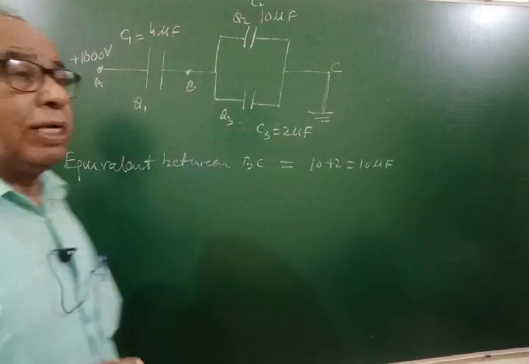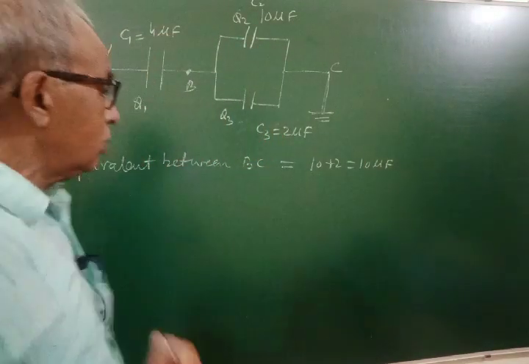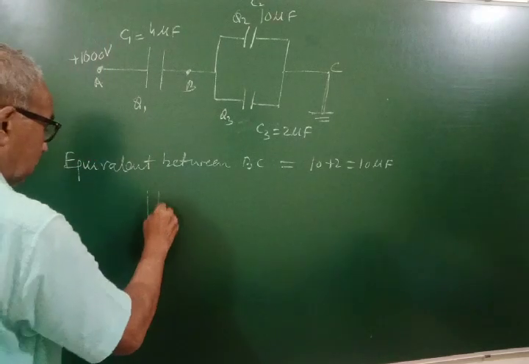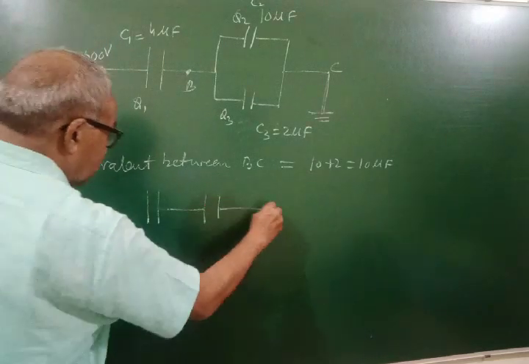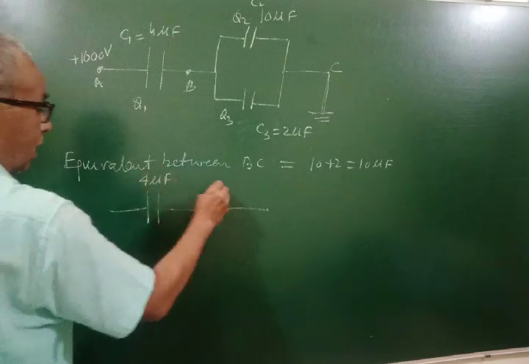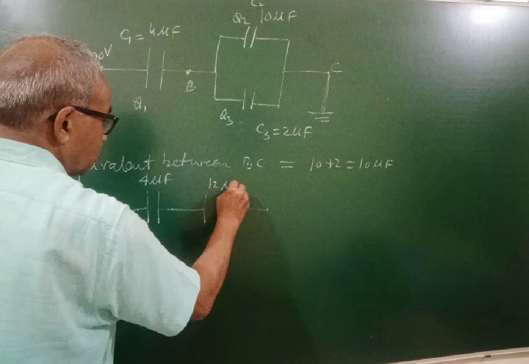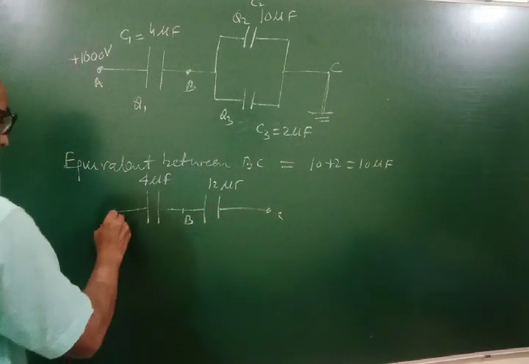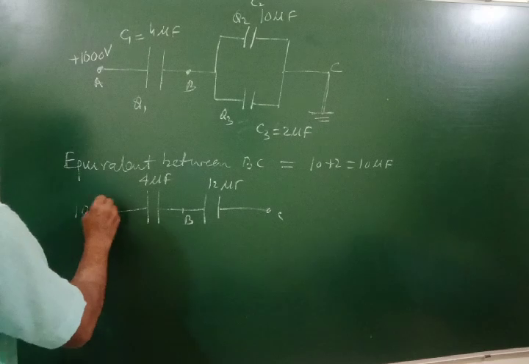In parallel, equivalent C equals C1 plus C2 plus C3. Now this will become like this: two capacitors, 4 microfarad and 12 microfarad. This is point C, this is B, this is A at 1000 volt.